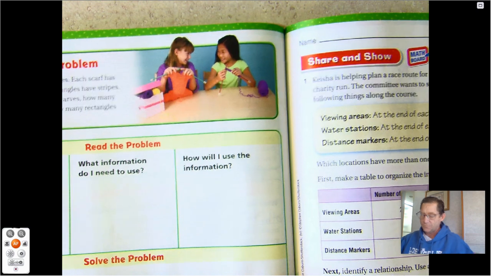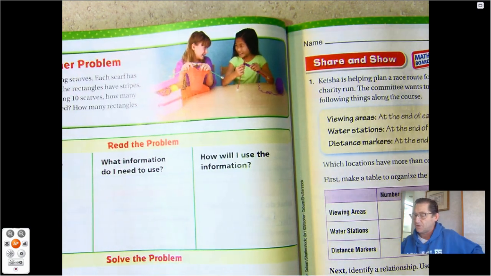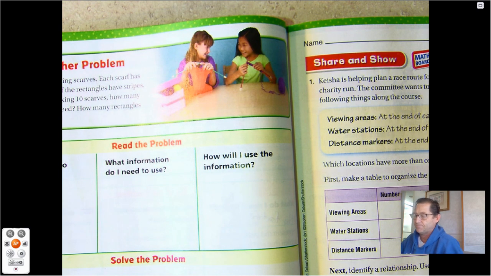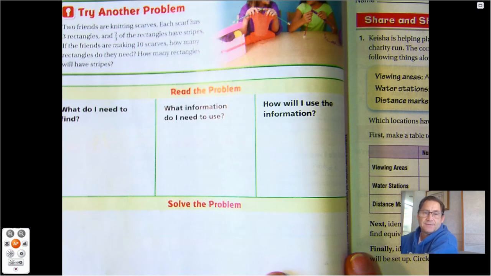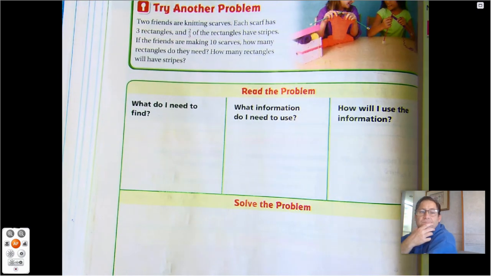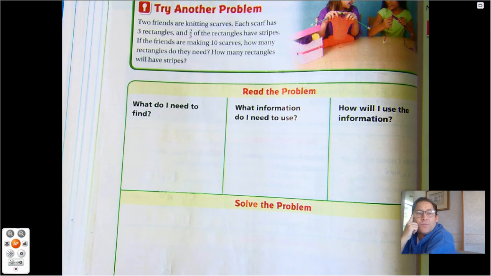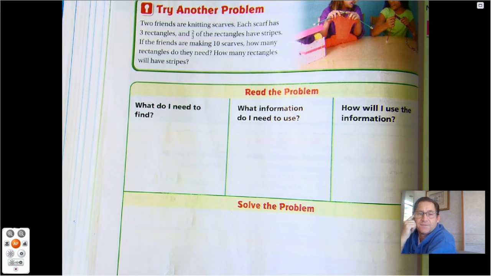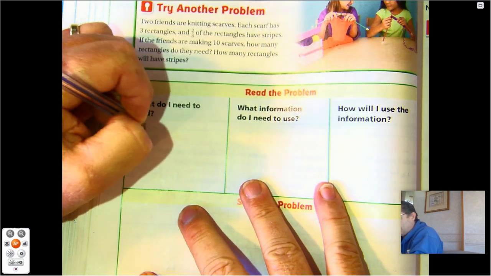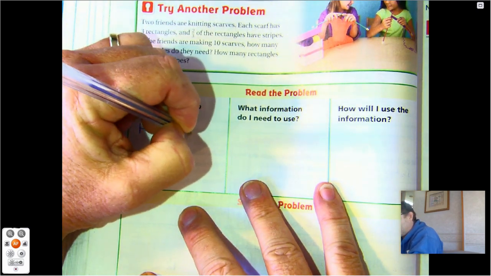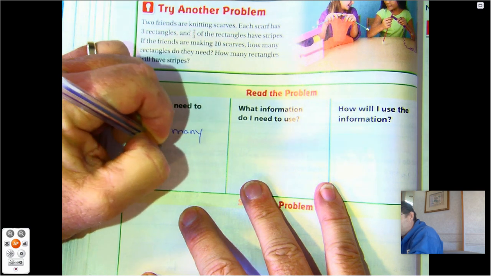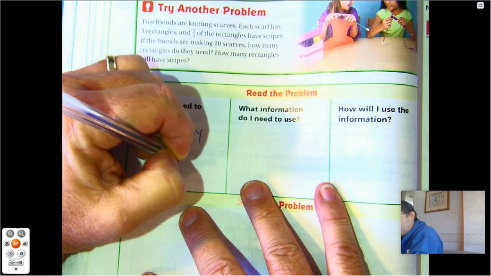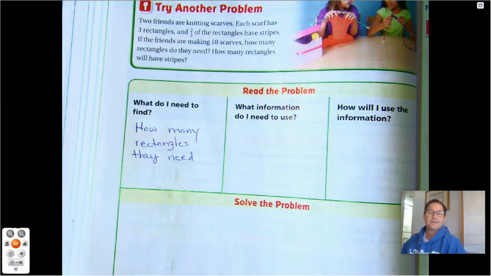Two friends are knitting scarves. Each scarf has 3 rectangles, and 2/3 of the rectangles have stripes. If the friends are making 10 scarves, how many rectangles do they need? How many rectangles will have stripes? What do I need to find? How many rectangles they need.